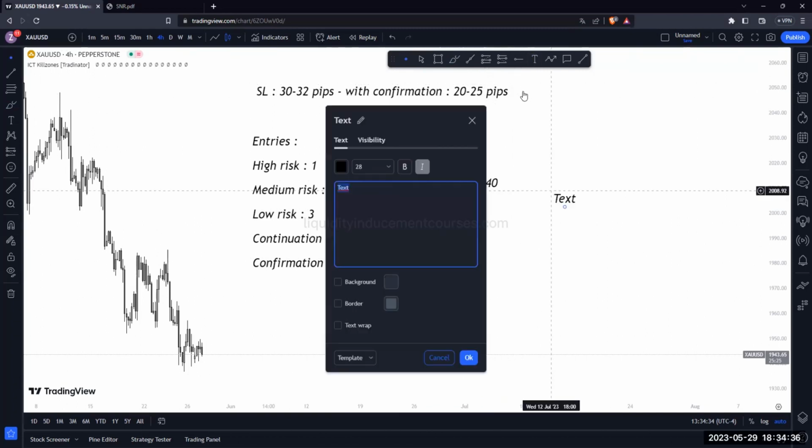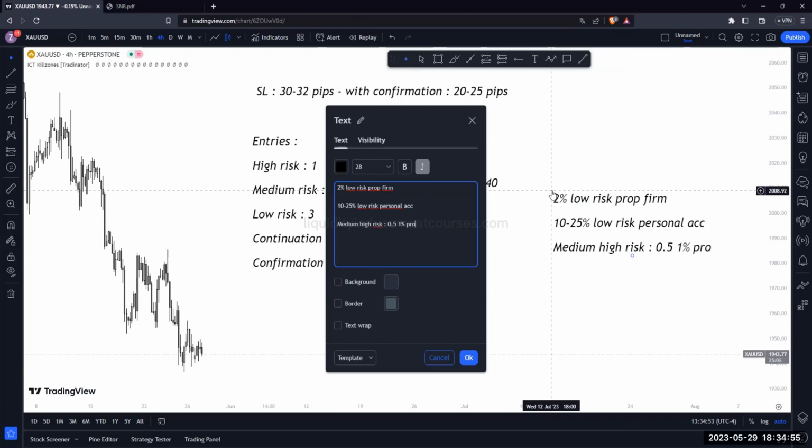For risk, 2% low risk on prop firm, 10 to 25% low risk on personal account. Medium and high risk from 0.5 to 1% on prop firm, but I don't suggest you even take that.